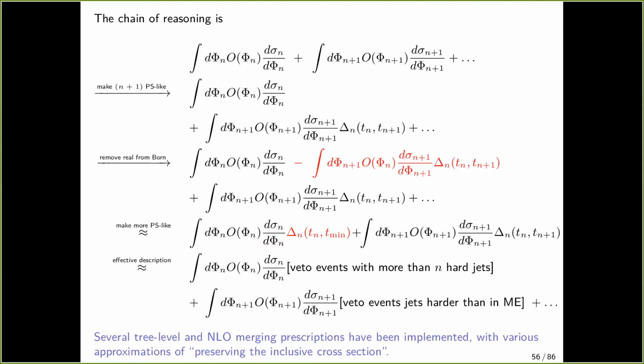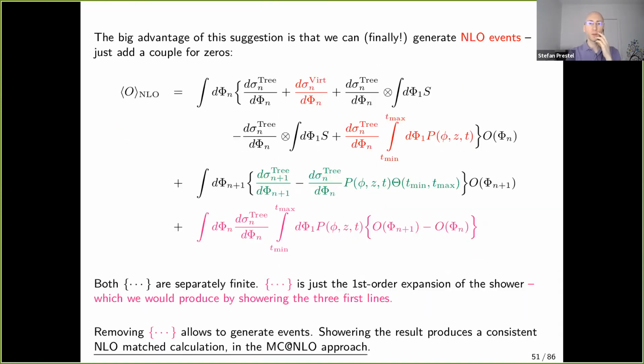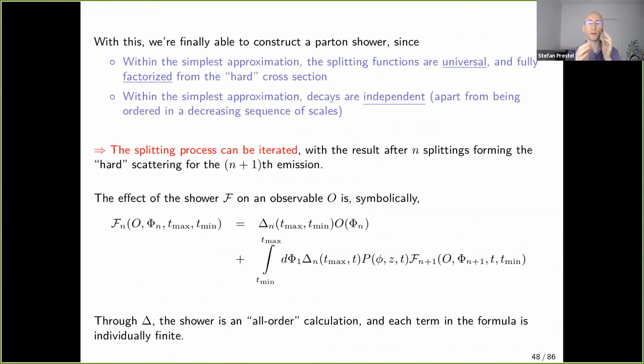So the way to think about this is maybe to go back to this parton shower evolution equation. In here, we have these exponential factors that are integrals over the real emission phase space, integrating the splitting kernel.